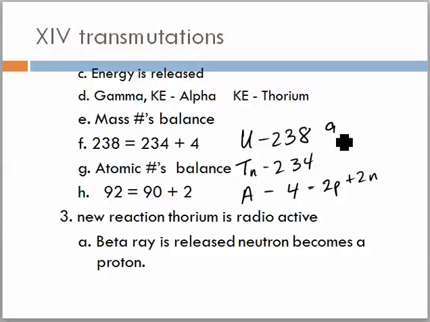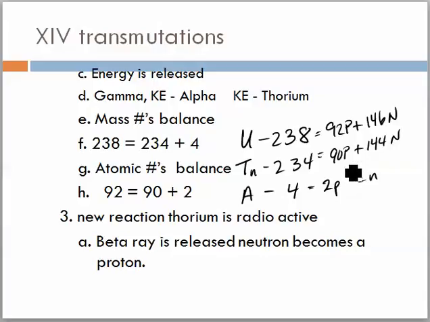Up here it had 92 protons plus 146 neutrons. And then this 234, it has 90 protons and 144 neutrons.